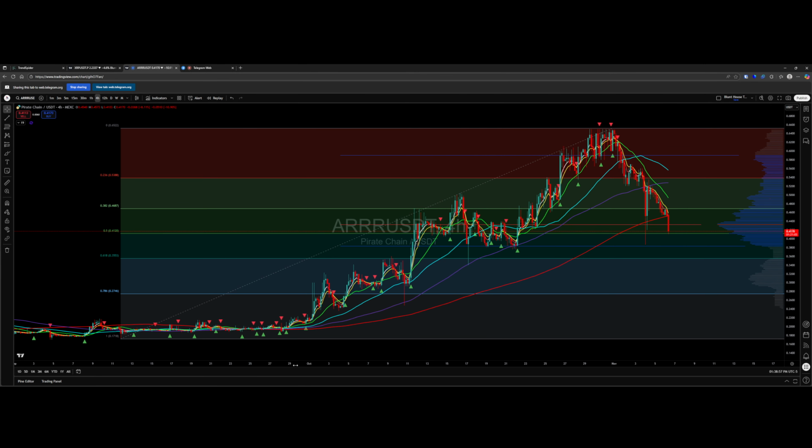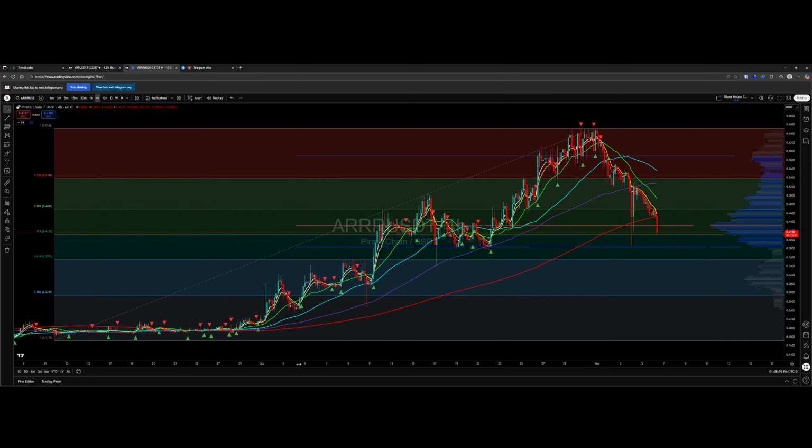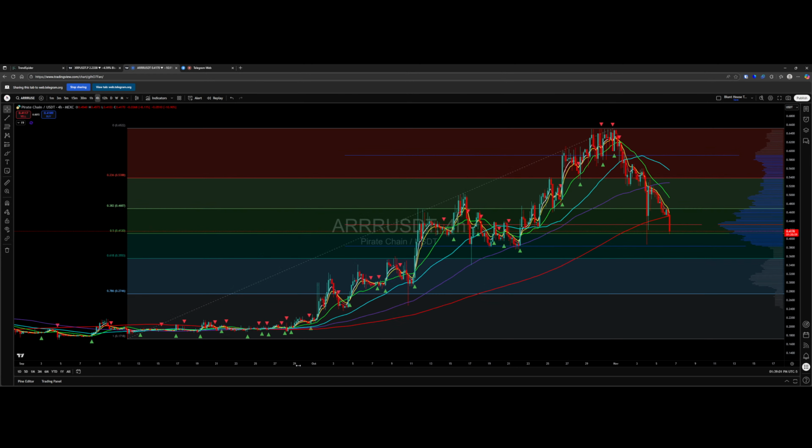Well, isn't the 200 our most basic bull bear indicator? Yeah. So it hasn't really done that in, well, it did in here, but it didn't close below it. This would be the first time it closes below the 200 on this time frame since September.